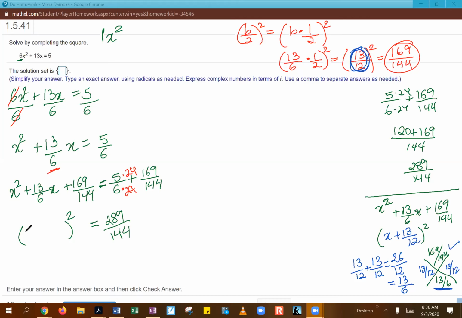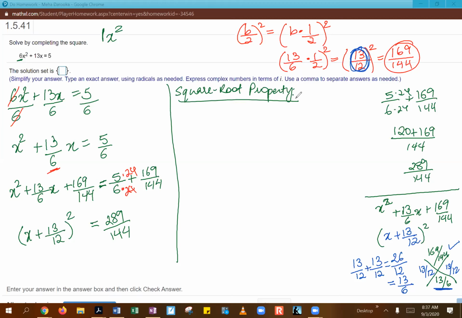So coming back to our equation, now we just have to clean this up and come up with our answer for x. Once we get down to this step, remember we are just using the square root property. So that means we will have x plus 13 twelfths squared equals 289 over 144.